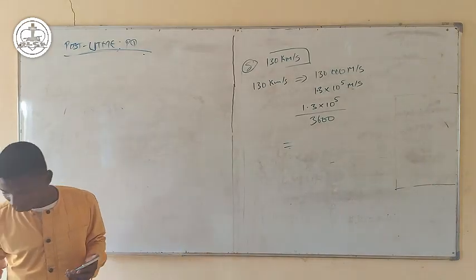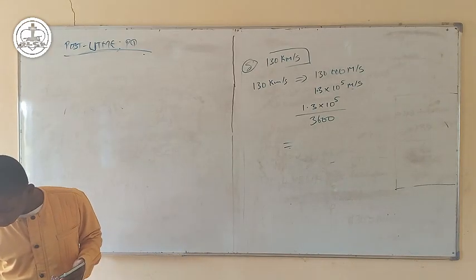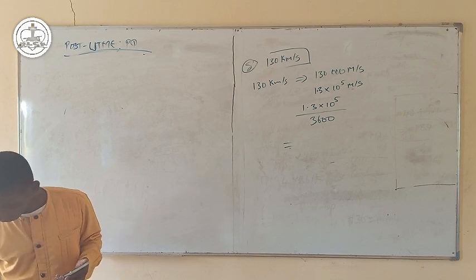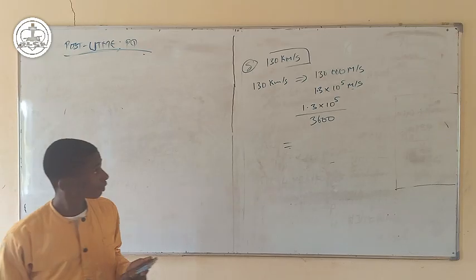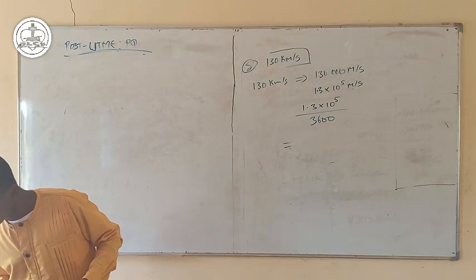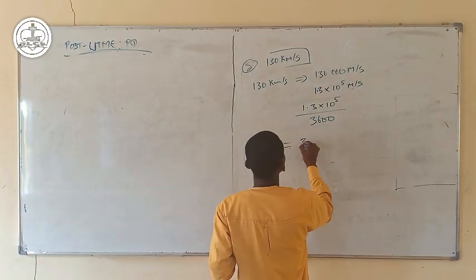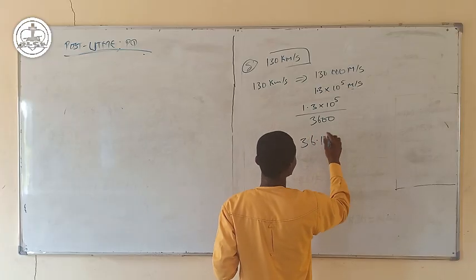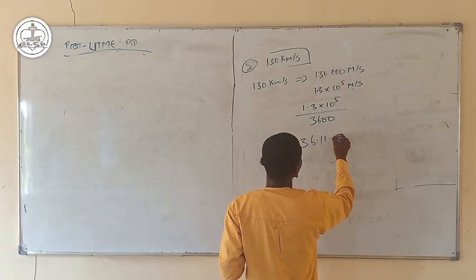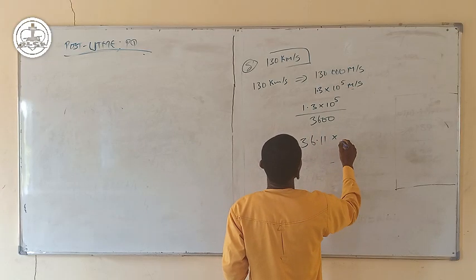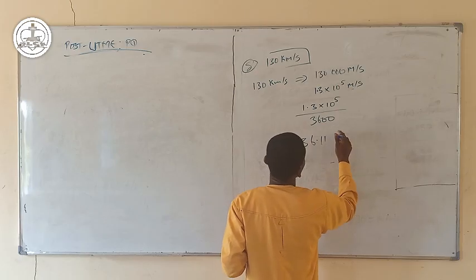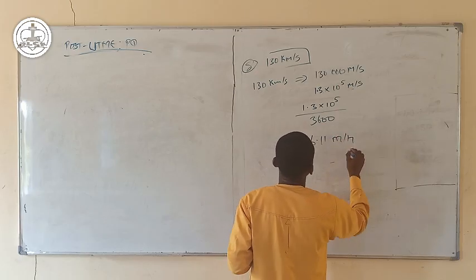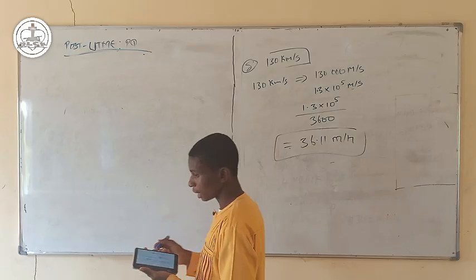This will give our answer to be 36.1111, let's leave it in this form, times what? Meters per hour. And this is what we'll have here. Then our question 9.